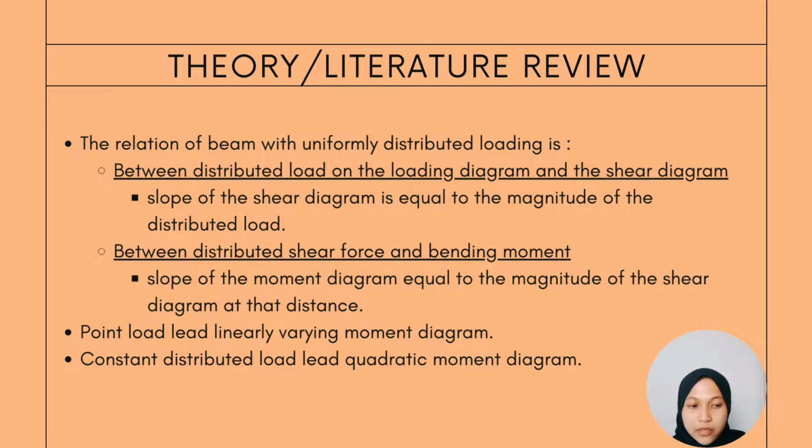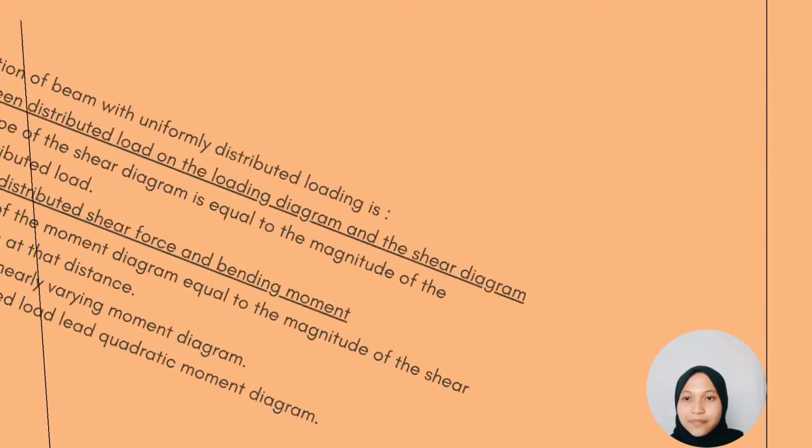The slope of the shear diagram is equal to the magnitude of the distributed load. The second relation is between the shear force and the bending moment. The slope of the moment diagram is equal to the magnitude of the shear diagram at that distance. A point load leads to a linearly varying moment diagram, while a constant distributed load leads to a quadratic moment diagram.